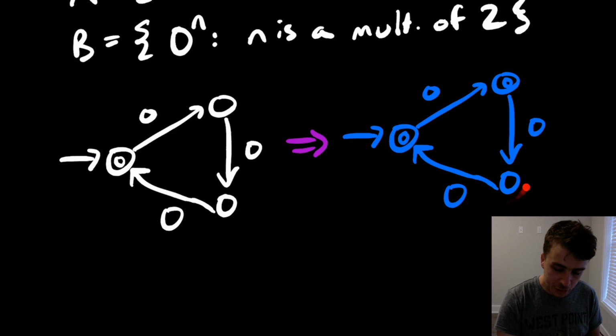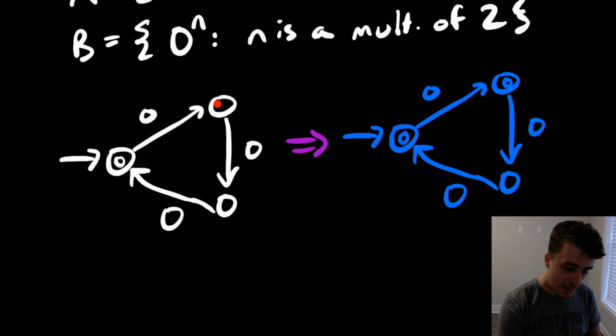But now what about this one? If I start here and I want to land in one of the original final states, remember, our construction was to land in one of the original final states, not in the ones we've found so far. If I start here and want to get to this state right here, reading a string of length 1 isn't going to help.